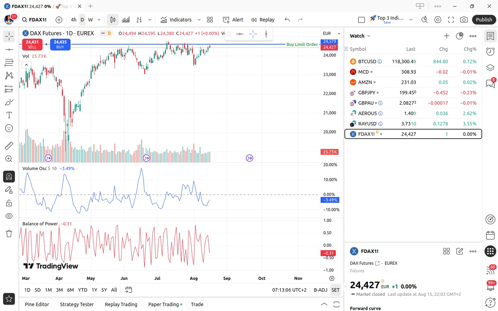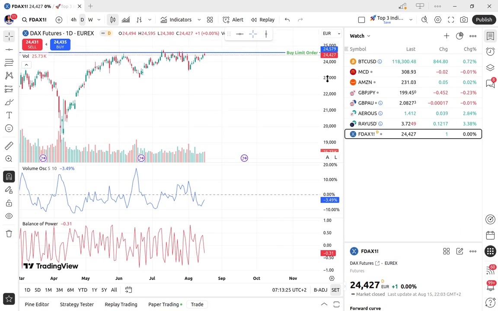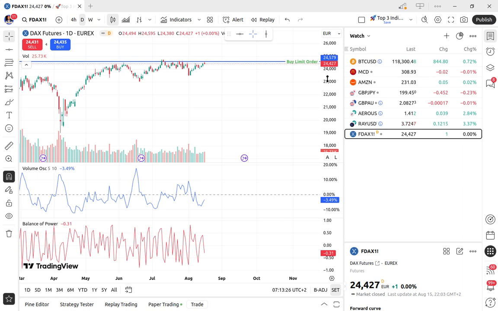So usually when trading the futures market, you're using 30x. $24.57.